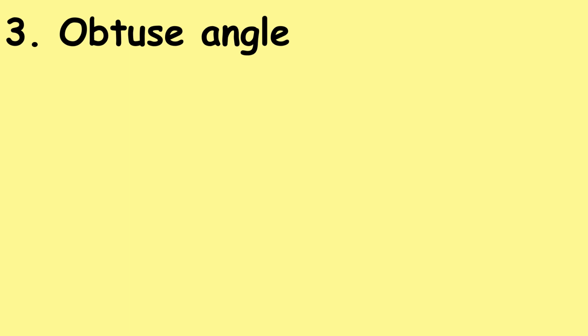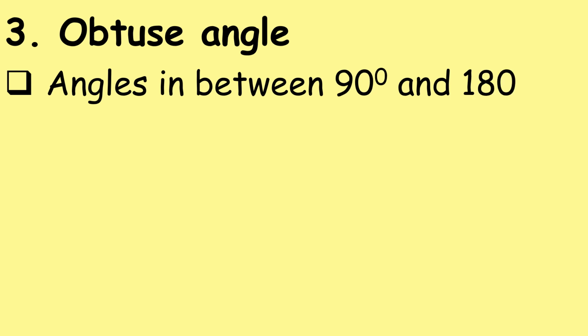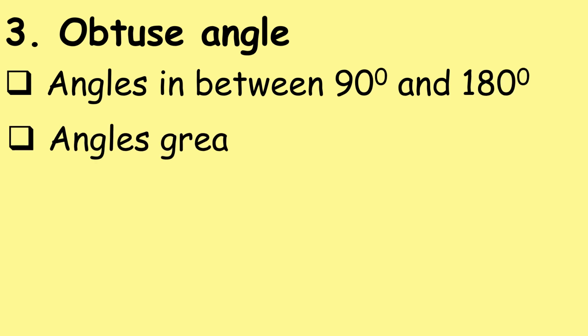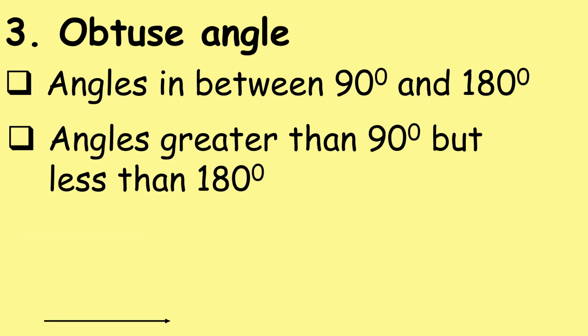Now we look at another angle, this time around an obtuse angle. An obtuse angle is in between 90 degrees and 180 degrees. That is, it is greater than 90 degrees but less than 180 degrees. Now let's look at our reference point OA.